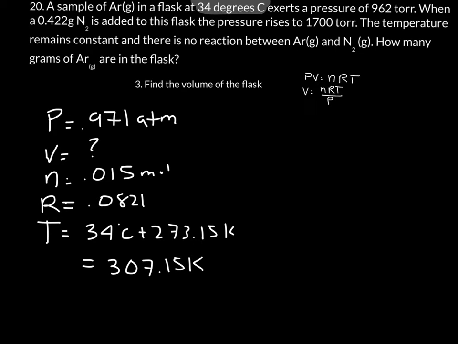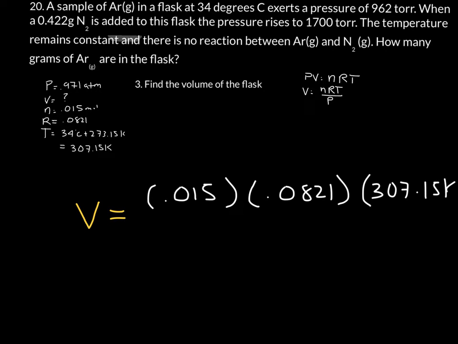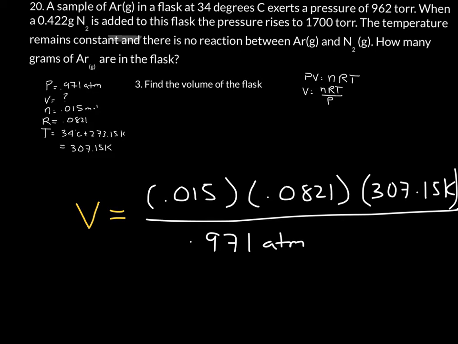So we're going to take all this information and put it in the PV equals nRT equation for volume, which is V equals nRT over P. So we're going to put 0.015 moles times the R constant, 0.0821, times the temperature, and then divide all of it by the pressure, which is 0.971 atmospheres.